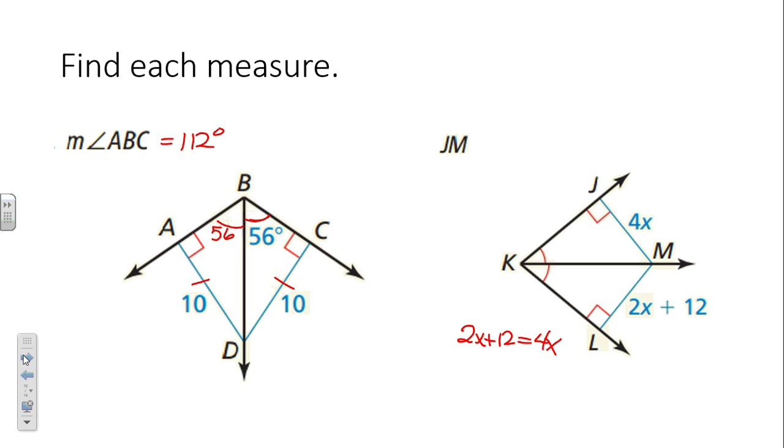Because this is an angle bisector, and we see these right angles, that means that this side and this have to be equal. The distances between M and J have to be equal to the distance between M and L. And then the algebra is easy, right? How do we solve this, Hank? Subtract 2x from both sides.